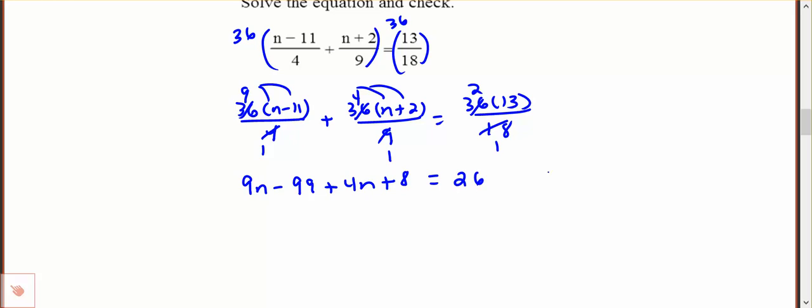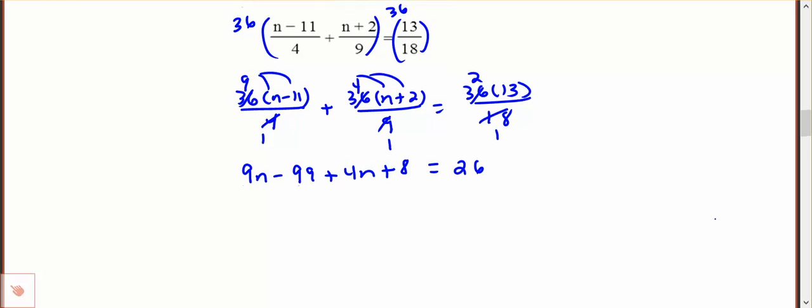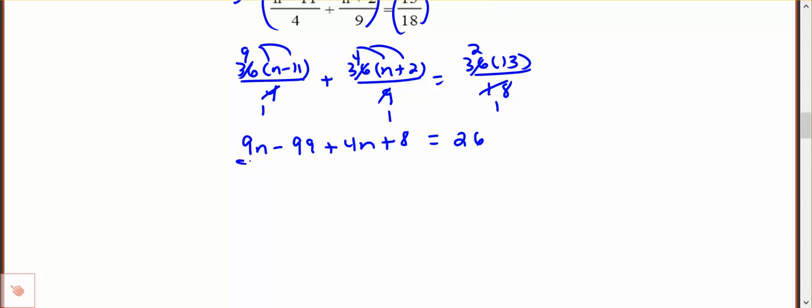Now we're just using our steps to solve an equation. So I see that we have like terms that can be simplified on the left-hand side of the equal sign. So 9n plus 4n will give us 13n. And negative 99 plus 8 will give us negative 91.